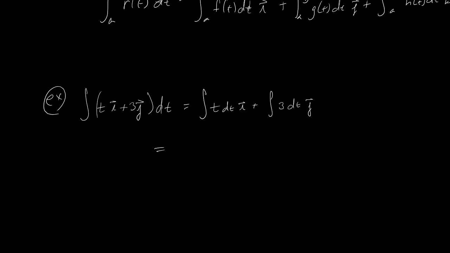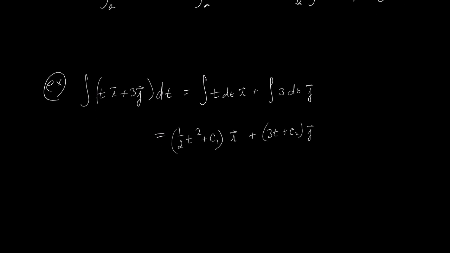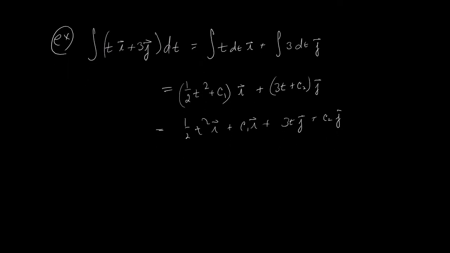So that's equal to 1/2 t squared plus a constant. I'm going to call it c1 in the i direction, plus 3t plus another constant in the j direction. Okay. So this is 1/2 t squared in the i direction plus c1 in the i direction plus 3t in the j direction plus c2 in the j direction.